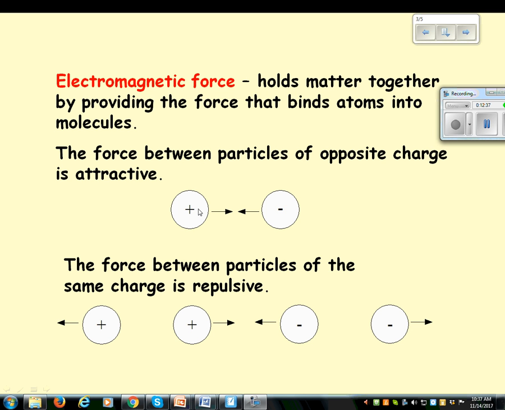But the force between particles of the same charge is repulsive. Positive and positive don't like each other. Neither do negatives and negatives. That whole force is known as the electromagnetic force. These are fundamental. And when I say fundamental, I mean that all other forces are derivatives of these four.